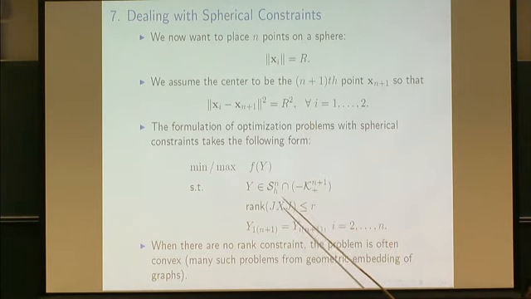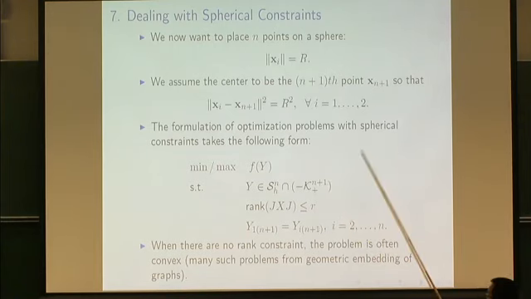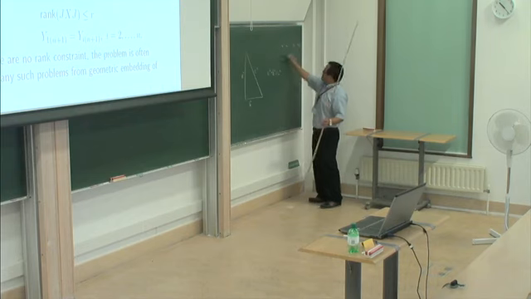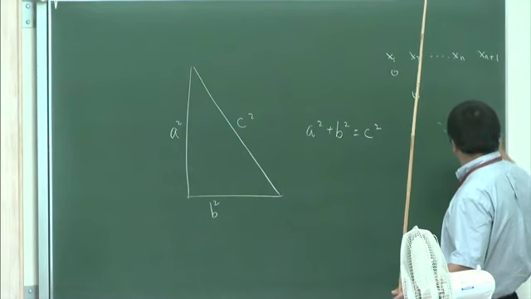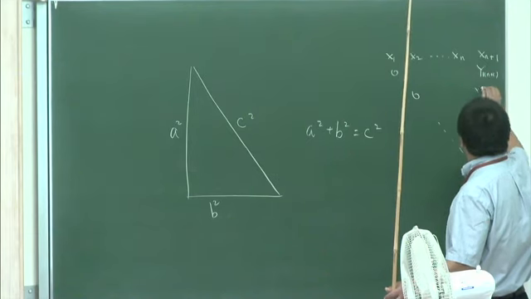Then I have to work in one more dimensional space. The Euclidean distance matrix now is (n+1) by (n+1) because you add one more point. Look, this is x1, x2, up to x_{n+1}. So those are the distances along the diagonal. This is 1, the squared distance.